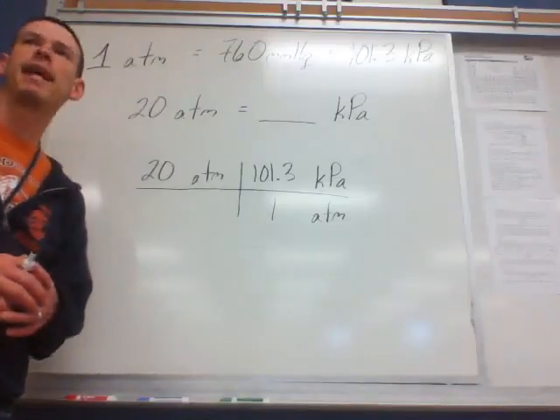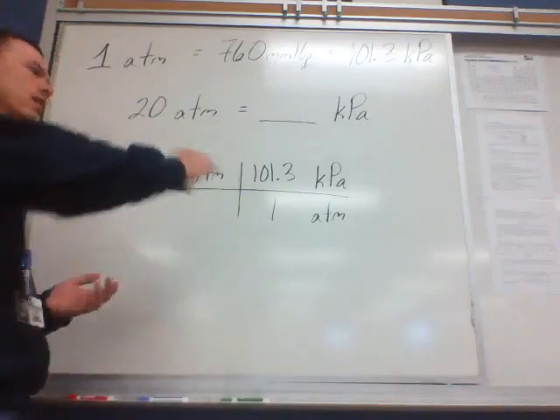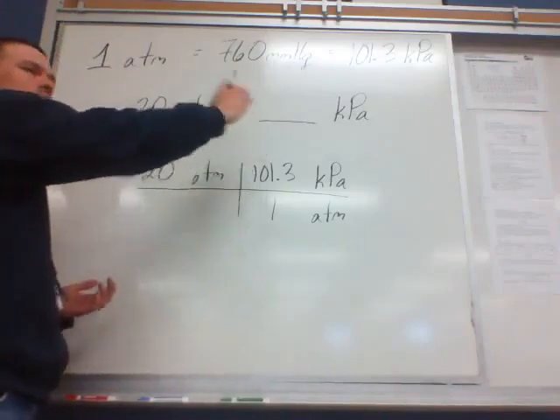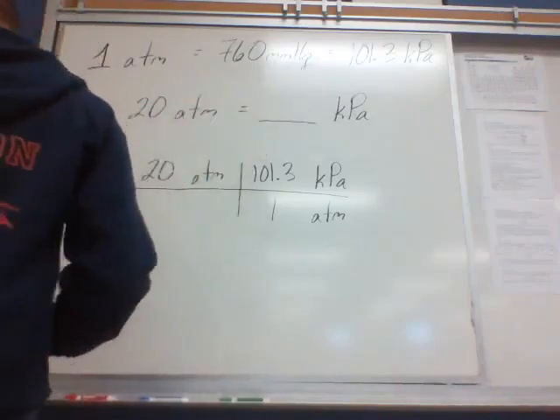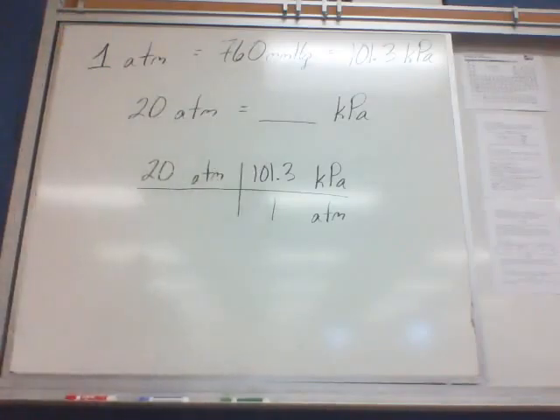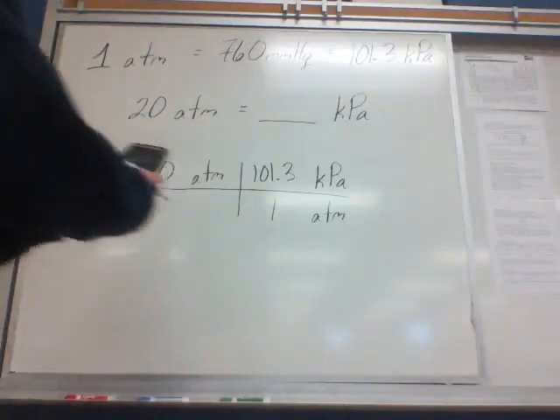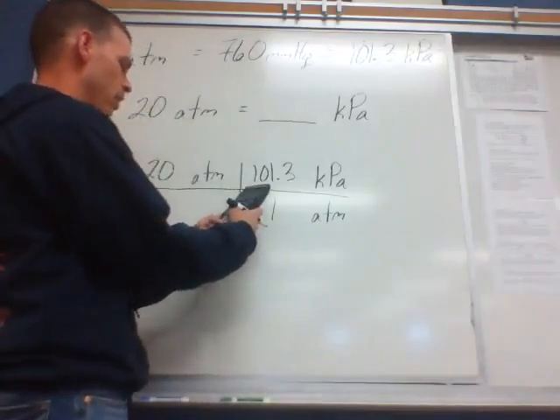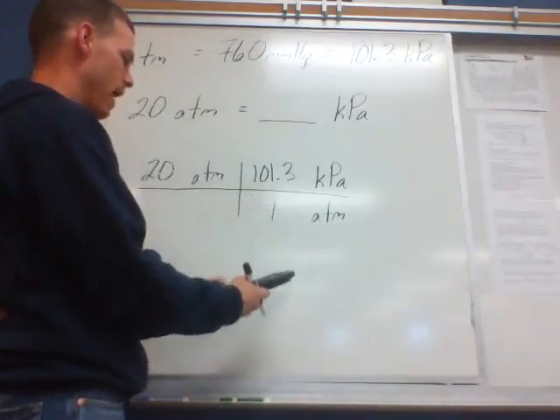The grid will be executed the way it always is. Multiply across the top, divide by the bottom. I have no calculator. 20 times 101.3 divided by 1.